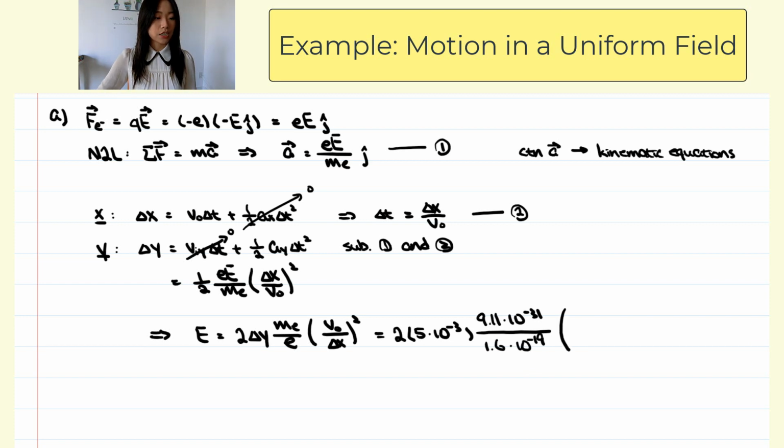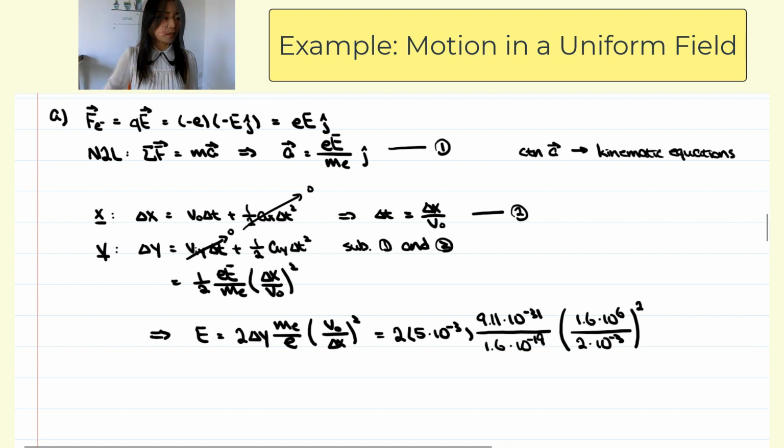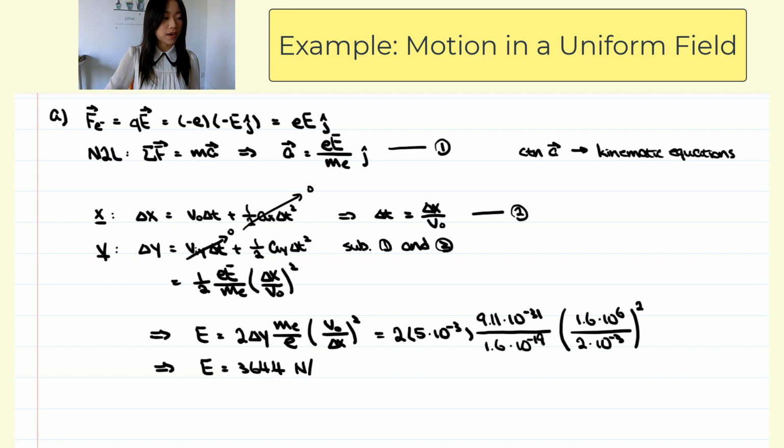Then, the initial speed is 1.6 times 10 to the power of 6 meters per second, and delta x is the length of the plate, which is 2 centimeters. In meters, it is 2 times 10 to the power of negative 2, and this is squared. We substitute the numbers, and we get the magnitude of E equals 364.4, unit is newtons per coulomb.